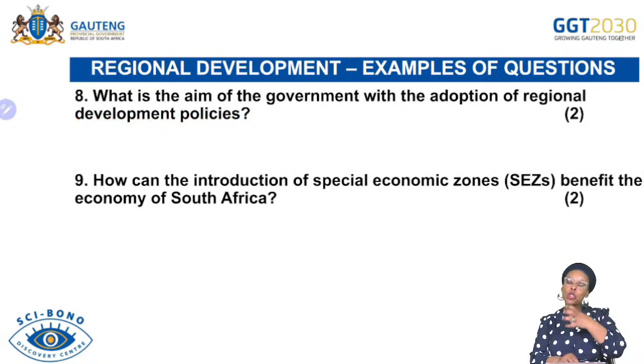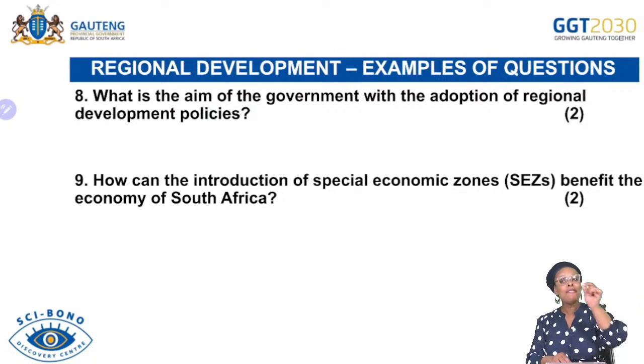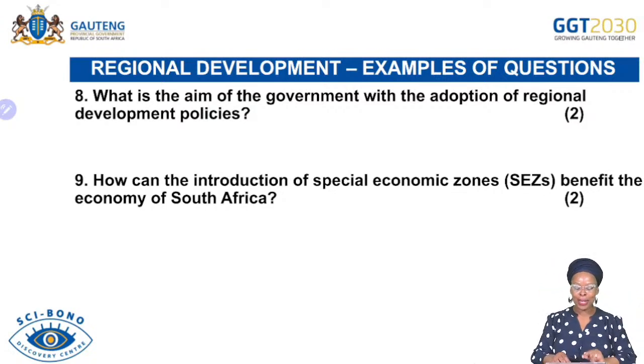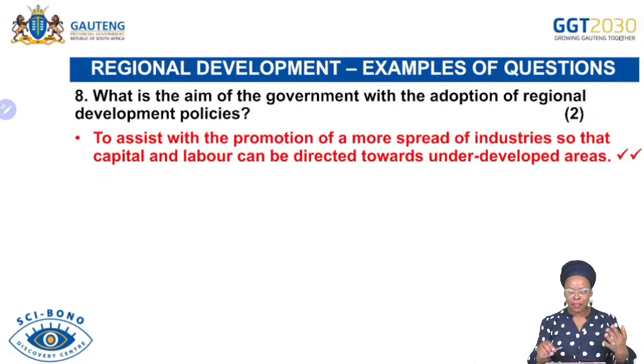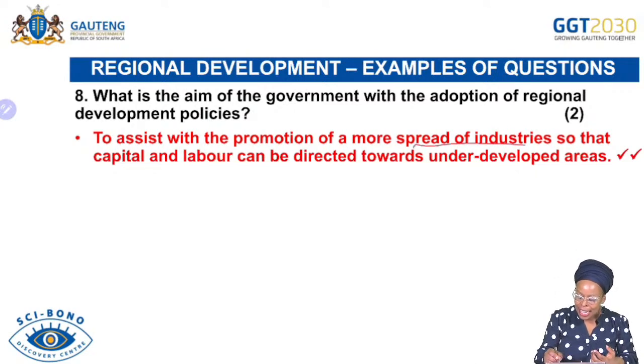We have 2 short questions of middle order. When you answer these questions, if you list, you won't get marks. Write in full sentences. Let's look at the first one. What is the aim of the government with the adoption of regional development policy? You can write that it is to assist with the promotion of a more spread of industries so that capital and labor can be directed towards underdeveloped areas.